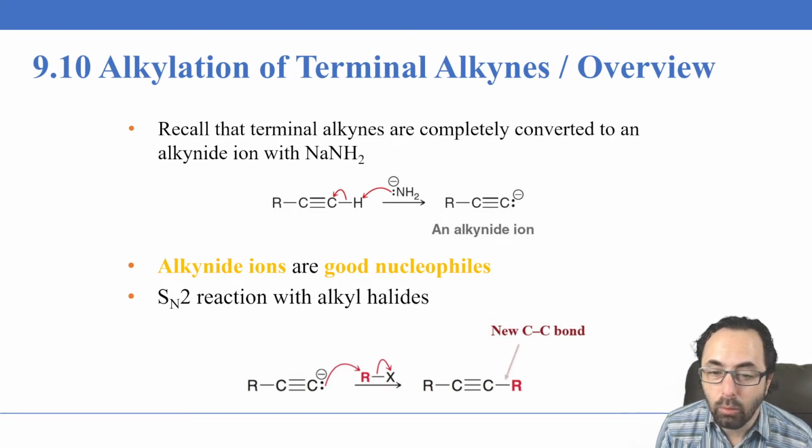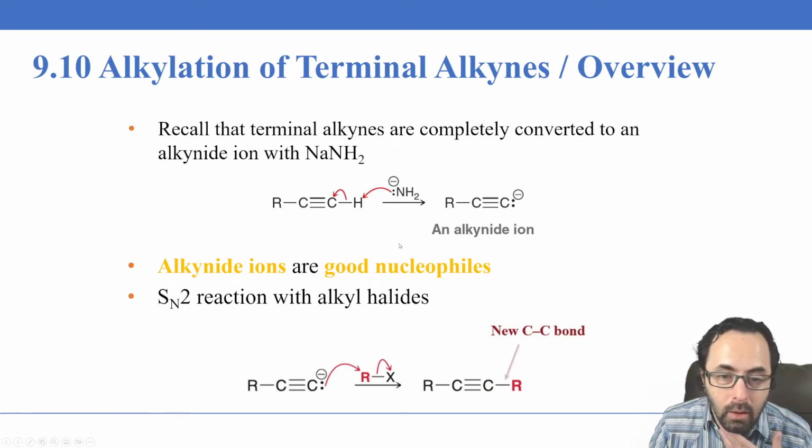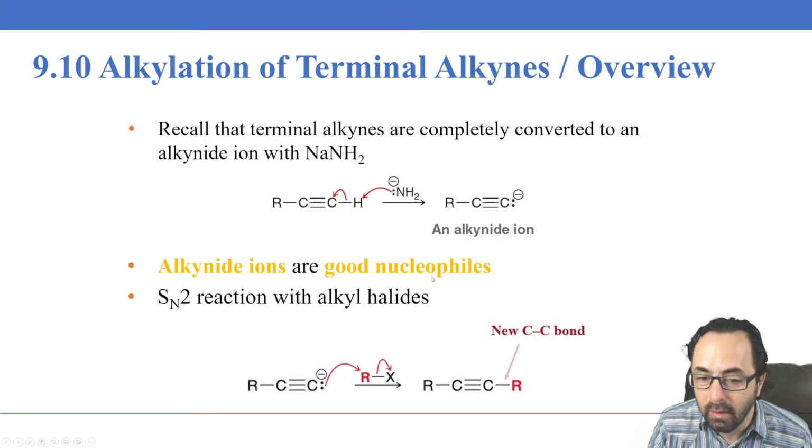Recall from the beginning of our lecture last time that if we have a sufficiently strong base, such as amide ion or hydride ion, we can deprotonate the alkyne. Here we have a proton transfer where the proton's being grabbed, electrons are being left behind, and we get that alkynide ion. Those alkynide ions are very nice nucleophiles, and so they can do SN2 reactions.